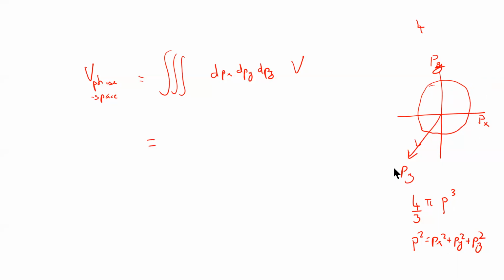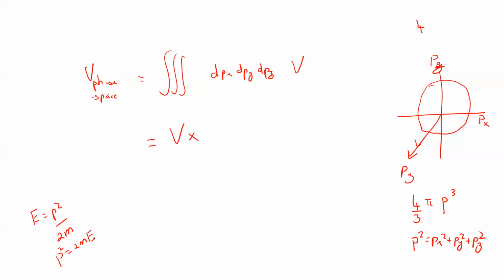So now we will substitute for this quantity, and the volume of the phase space is nothing but V into 4 pi by 3 times p cube. Notice that momentum and energy are also related this way: energy is equal to p square by 2m. So therefore p square is equal to 2mE. This is one important relationship we have to know.